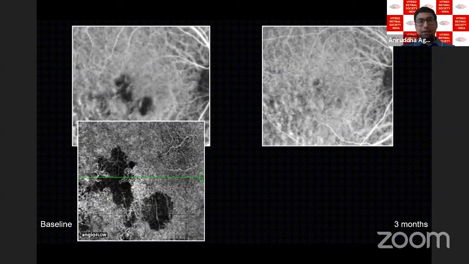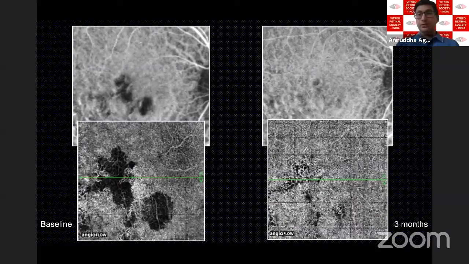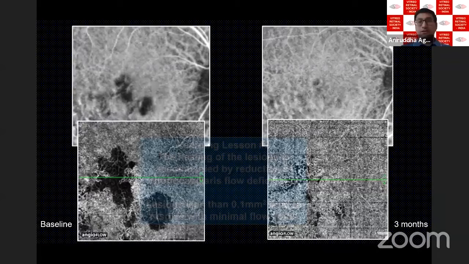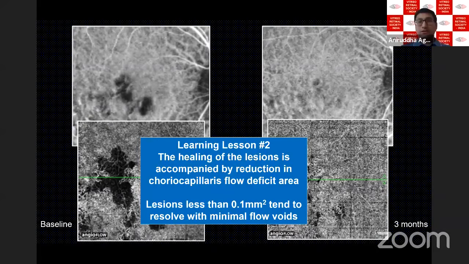You do have some disturbance of the choriocapillaries, and that can be made out very clearly in the follow-up image. So the learning lesson number 2 for us is that healing of lesions is accompanied by reduction in choriocapillaries flow deficit area in serpiginous-like choroiditis as well as serpiginous choroiditis of the autoimmune variety.